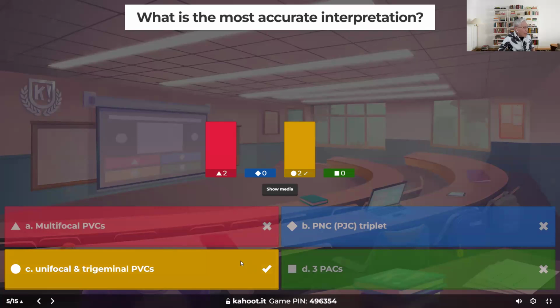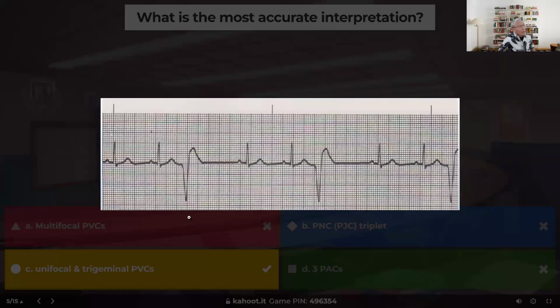Okay, I don't blame those of you who answered letter A. The correct answer is actually letter C, but letter A I will take. But what I'm trying to focus on here is that there are PVCs. We know that this is a PVC because it's wide. There's no P wave, but it occurs in a pattern.